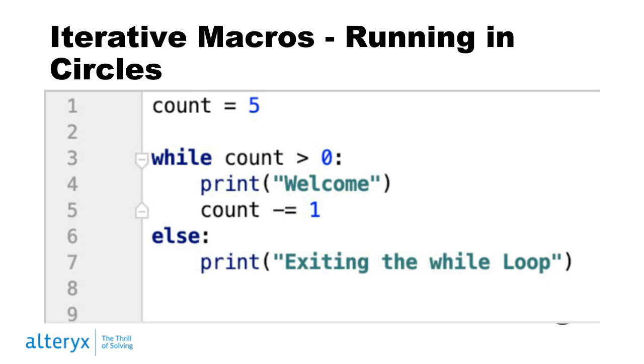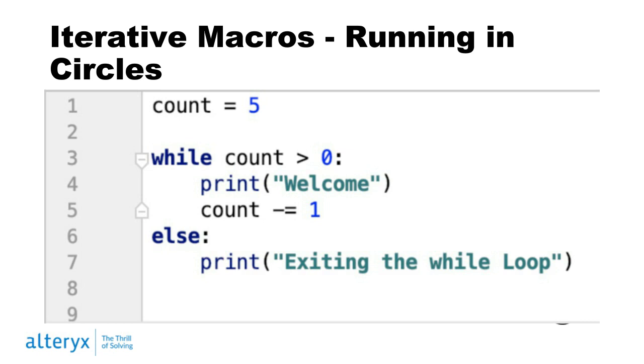For those of you who don't know Python, it means printing welcome to the console. And if we didn't do anything with the count variable, this would run in circles forever and ever. So we subtract 1 from the count for each iteration until the count is not bigger than 0, and then we print exiting the while loop.